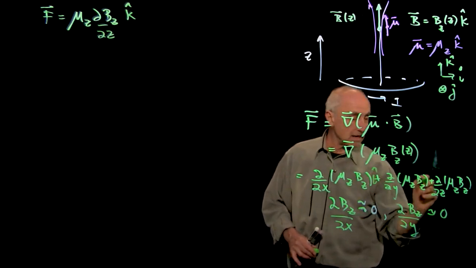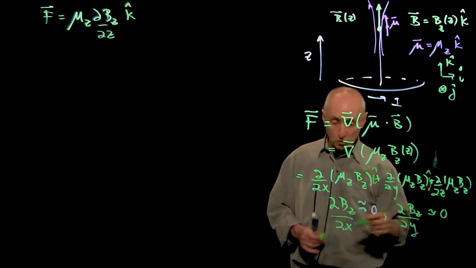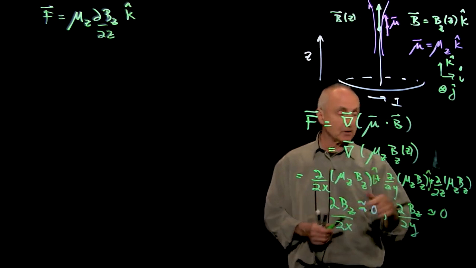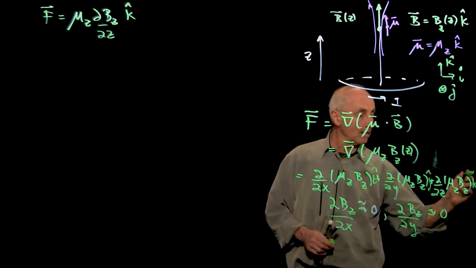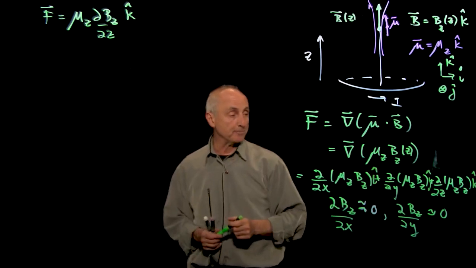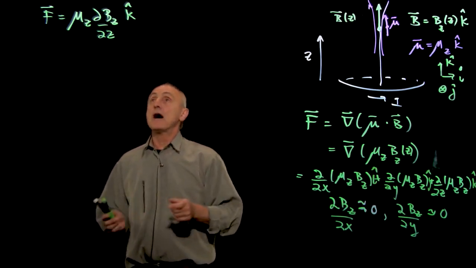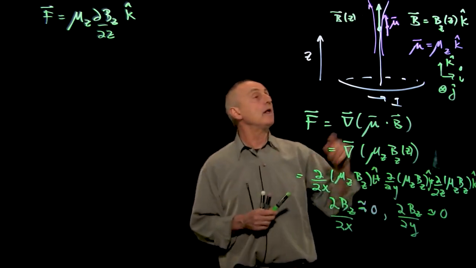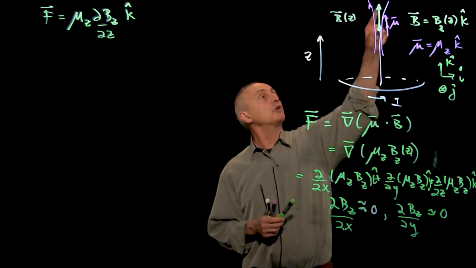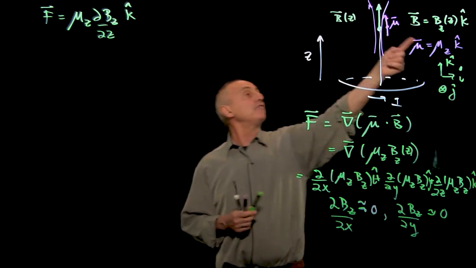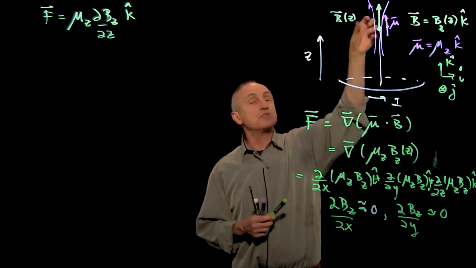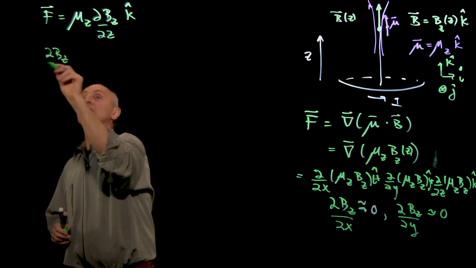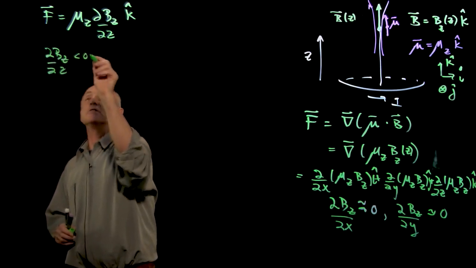This is the i hat component, the j hat component, and the k hat component. Now, let's ask ourselves which way this force is pointing. As we move away from the current loop, the magnetic field component is decreasing the further away you get. So we expect that the partial derivative of the z component is less than 0.